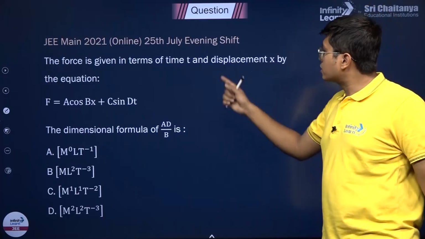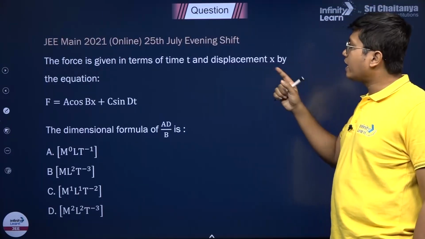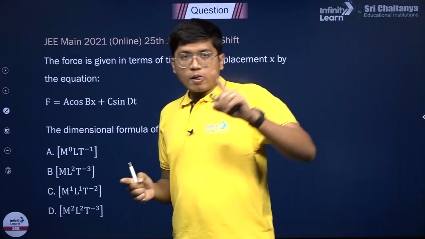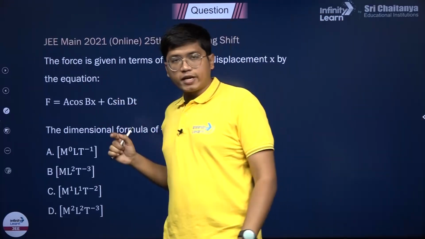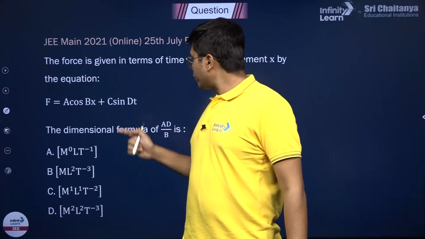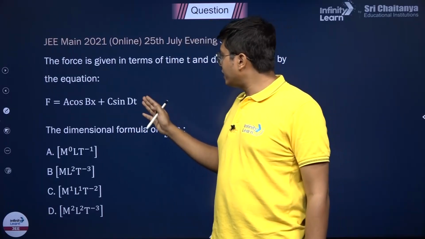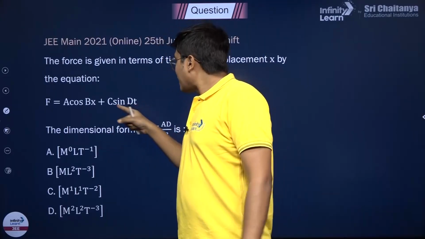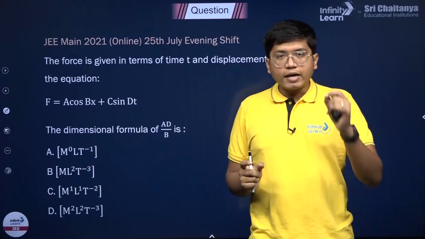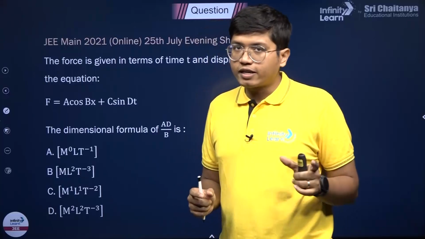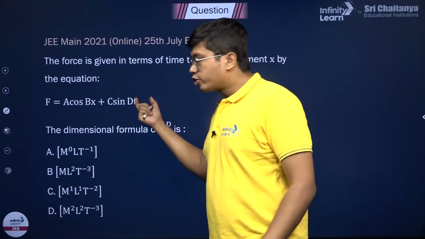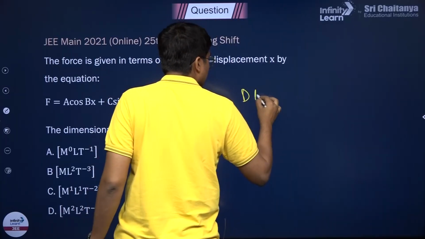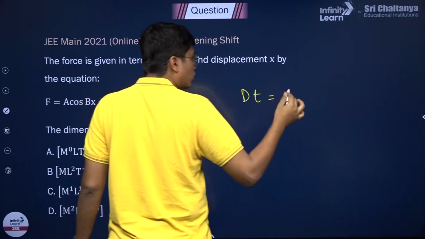This one says force is given in terms of time and displacement x by the equation F is equal to A cos(Bx) plus C sin(Dt). Now over here we need to find AD by B, which means we need the dimensions of A, B and D. First up, inside a sine or cos function, you know that you should have an angle, a theta, angular displacement, which should be dimensionless, which means Dt should have no dimensions.